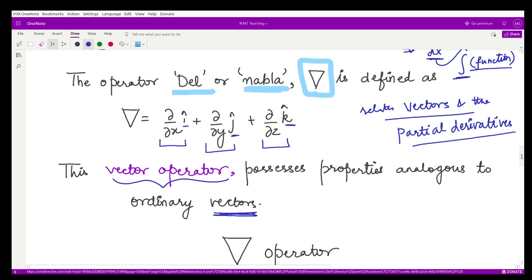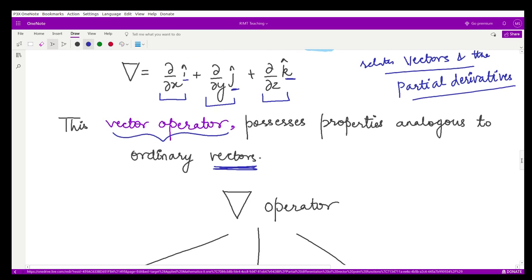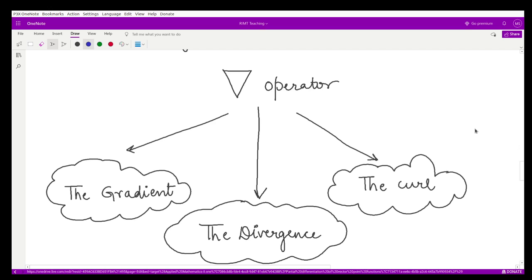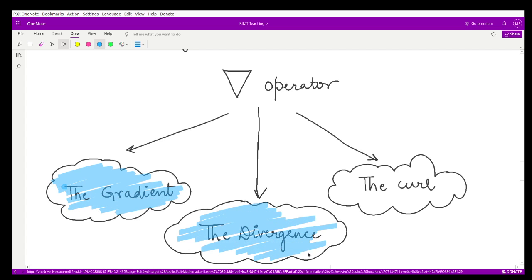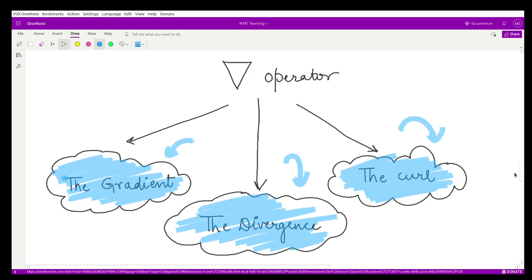Moreover, this operator is very useful to define various important physical terms, which are gradient, divergence and curl, which we shall see in the upcoming lectures. Now, what is this gradient, what is this divergence and what is this curl? This is what we will discuss next, right? Okay.